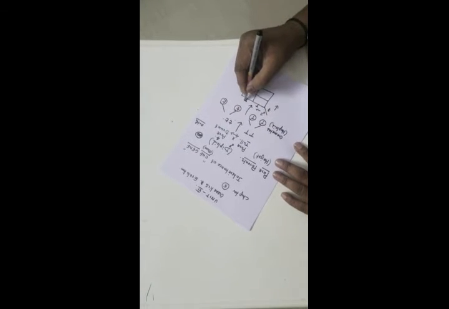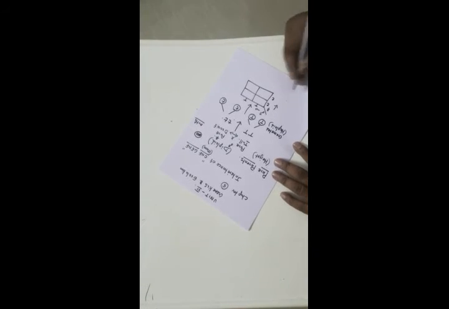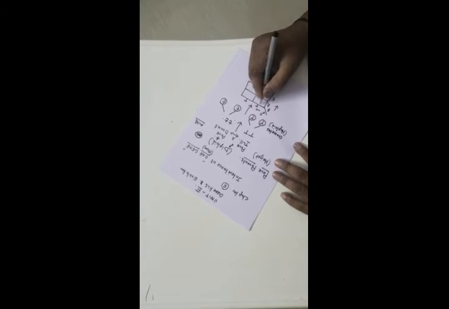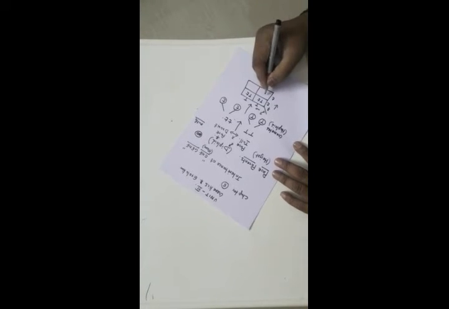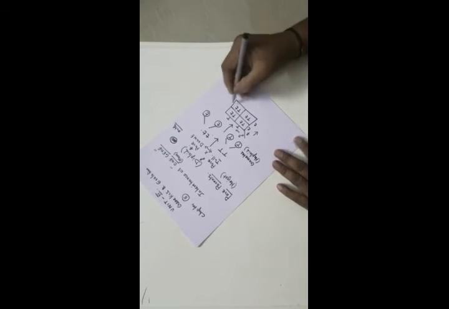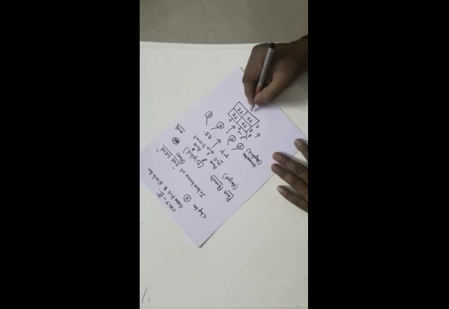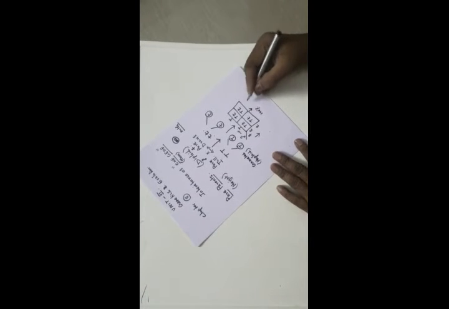Here one gamete, here one gamete. Female, the gametes are like this, these two. Now when you make the cross, you will get capital T, small t, capital T, small t, capital T, small t, capital T, small t. All are alike.